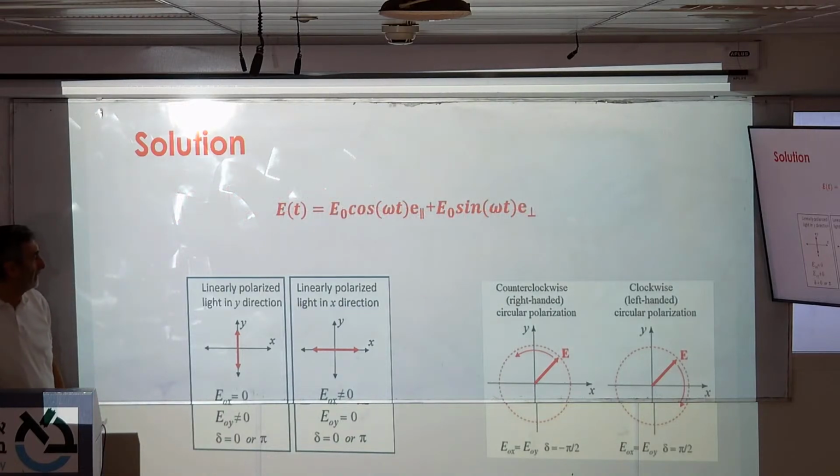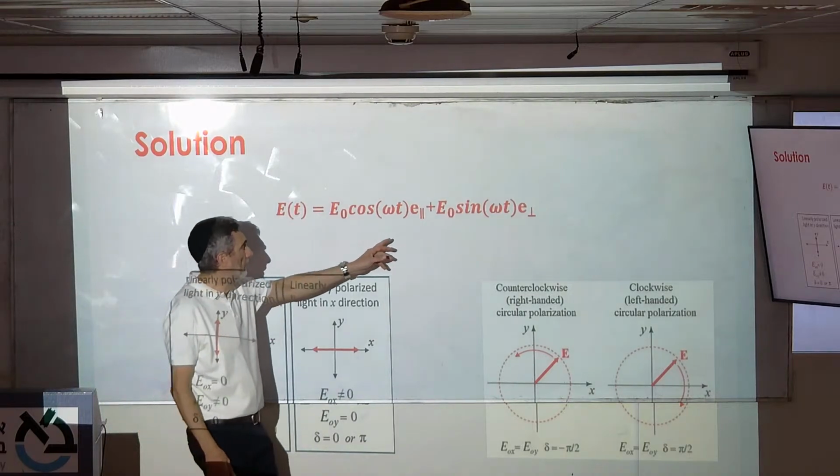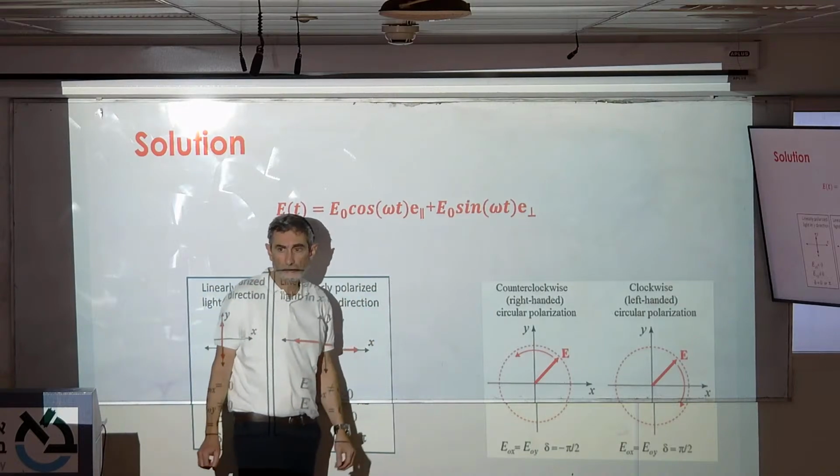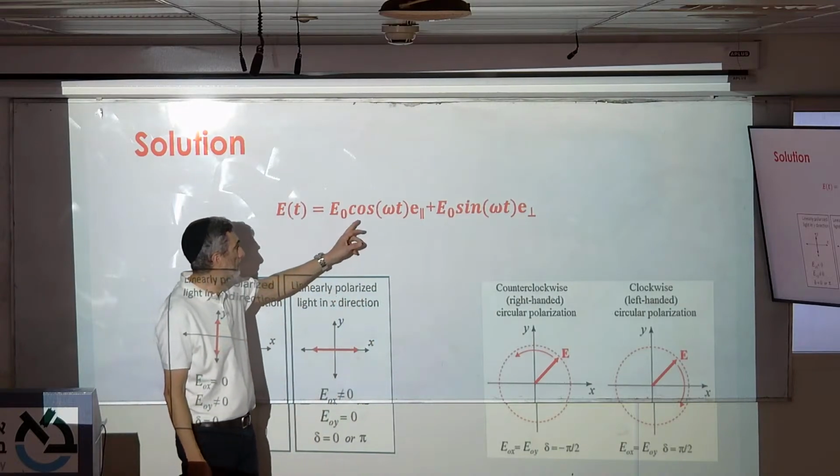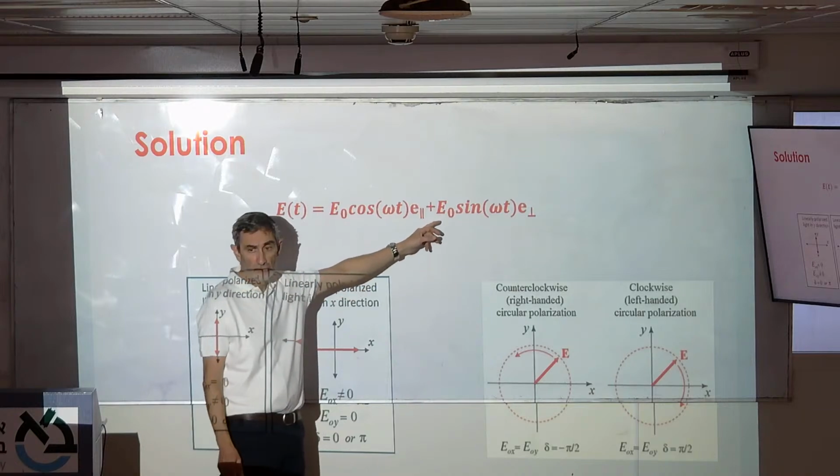So if you write it like that, E of t is E0 cosine omega t E parallel plus E0 sine omega t E orthogonal. So the phase is actually here between the cosine and the sine wave.